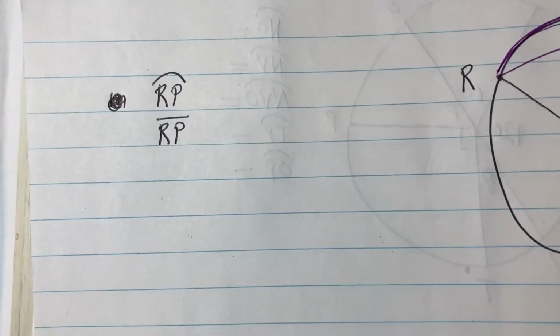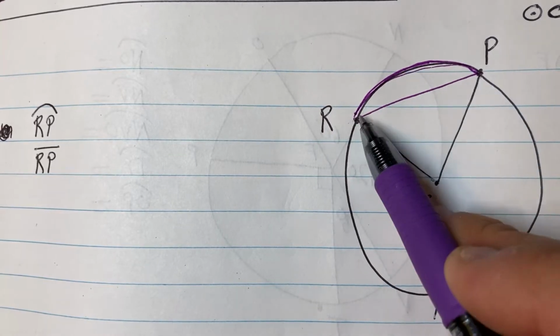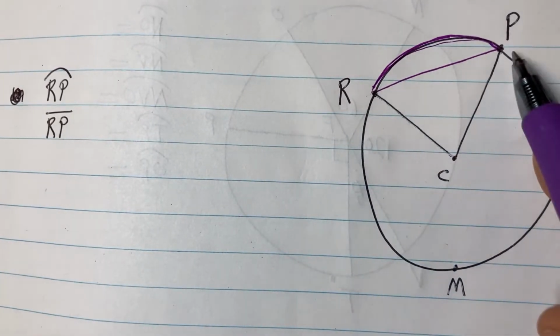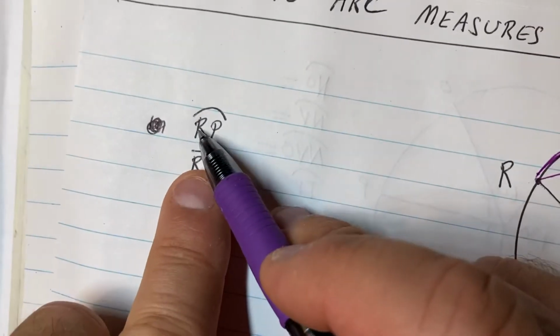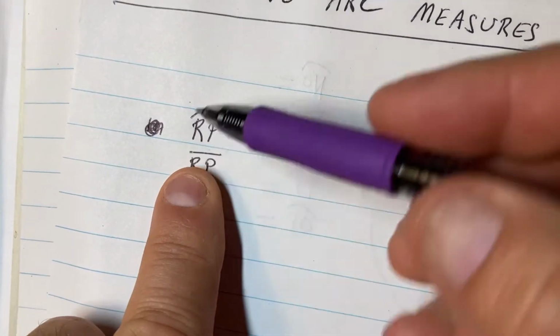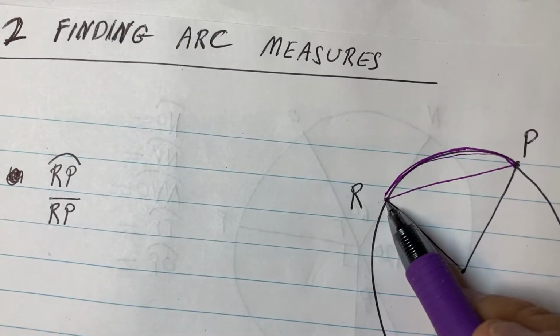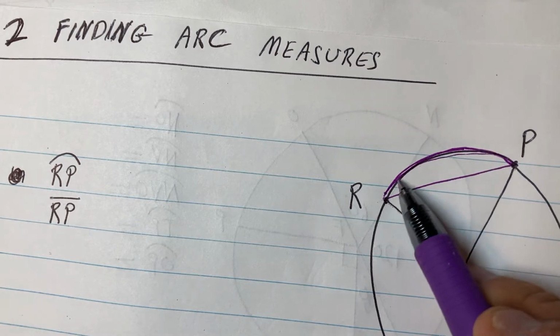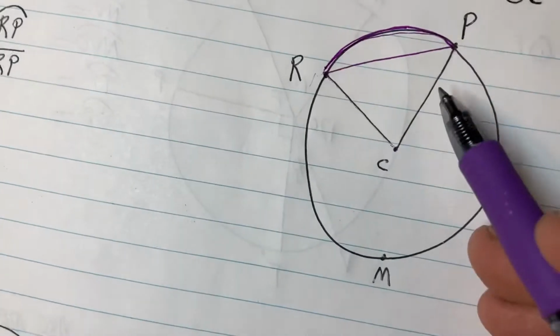Now, how do you know if you want arc RP, the short one, or arc RP, the major arc? From R to P, you'll always default to the shortest distance from R to P. If you want the other direction, then you need to have another letter.